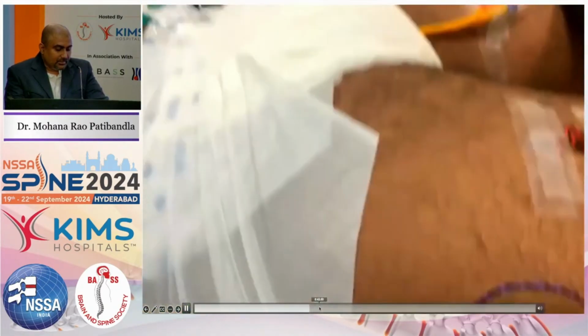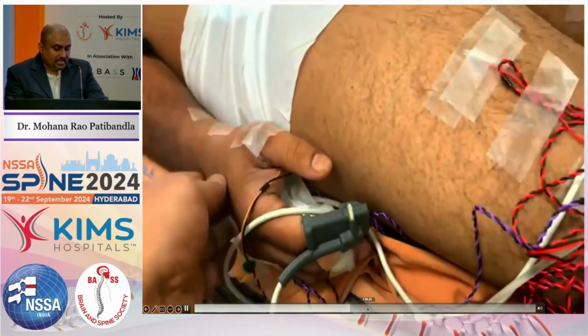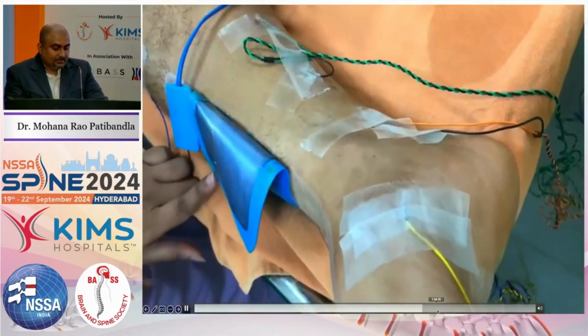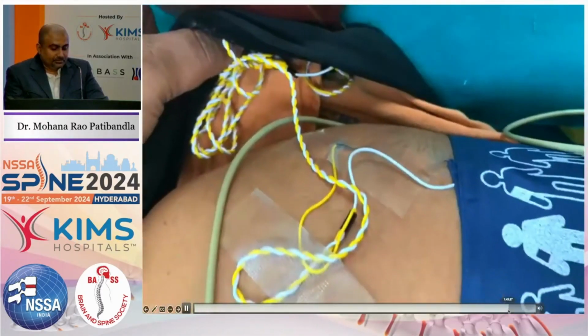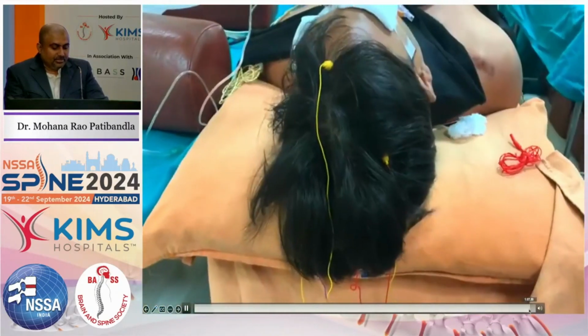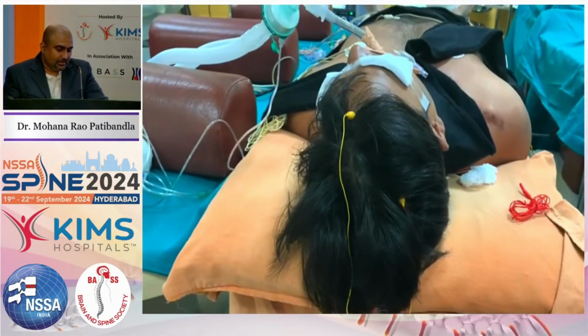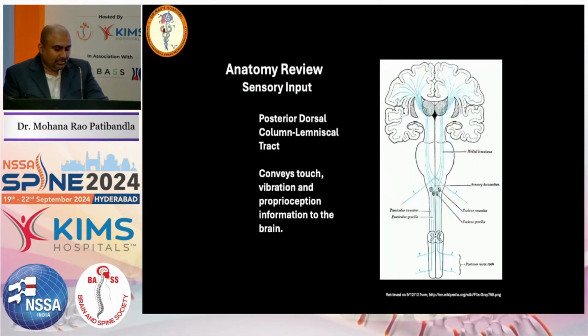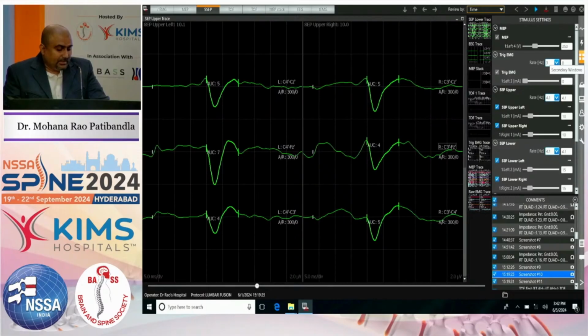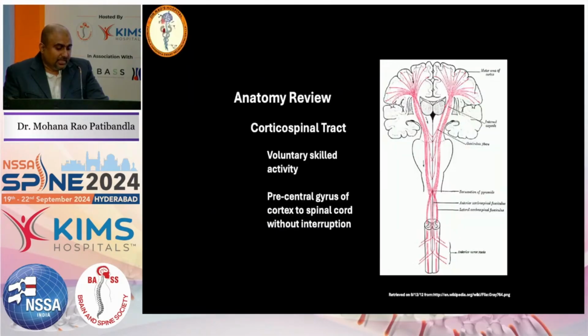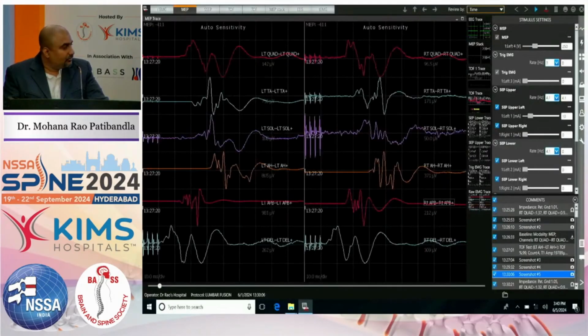Like this, we record from the hand muscles and then the foot. In the previous talk, I also showed placing electrodes in the anal sphincter for the bulbocavernous reflex. For the dorsal columns, we check the SSEPs, and this is the upper limb one, and for the corticospinal tract we do the MEPs.